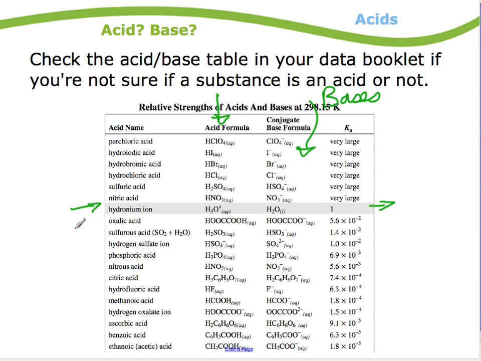And the little line there indicates anything above that we typically call a strong acid. So things like perchloric, hydrochloric, sulfuric, nitric, all those are strong acids. Ones that fall below that would be, like here's one, ethanoic acid or acetic acid, and vinegar is a dilute form of acetic acid. But those are examples of weak acids. Okay, so things above the line, strong acid, things below the line, weak acid.